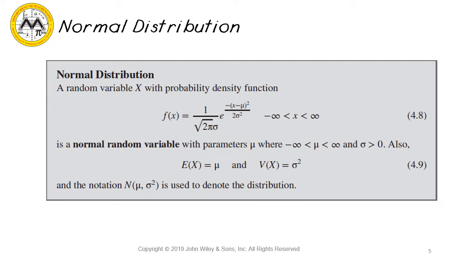Also, the expected value of x is mu, and the variance of x is sigma squared. The notation N of mu, sigma squared is used to denote the distribution.